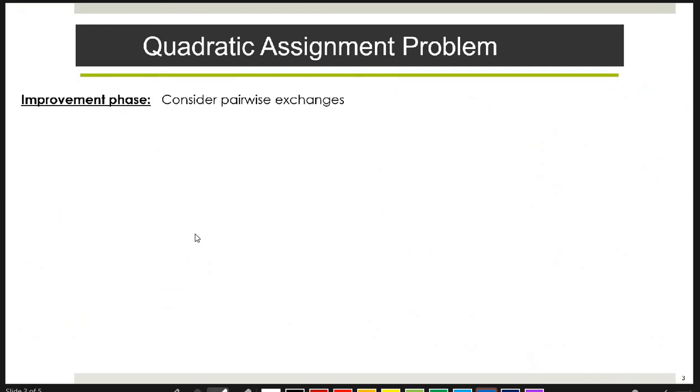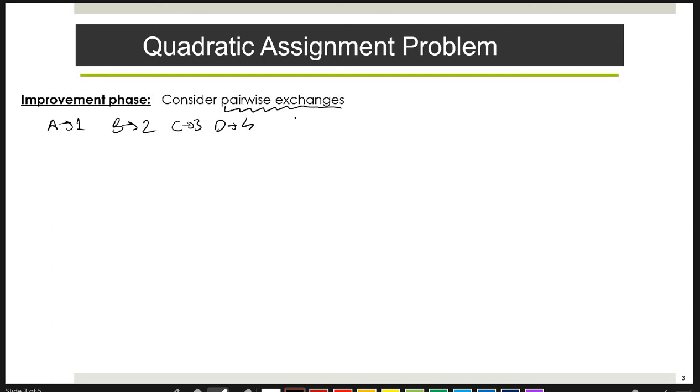So in the improvement step, what we are going to do is, okay, our current assignment, remember, we said that A is assigned to site 1, B is assigned to 2, C is assigned to 3, and D is assigned to 4. We will use pairwise exchanges.